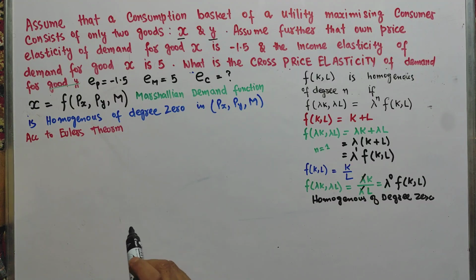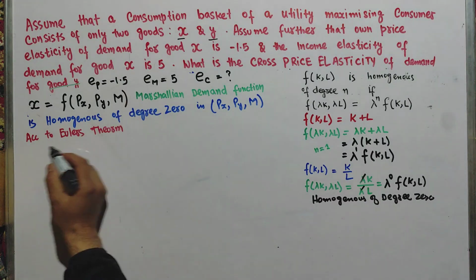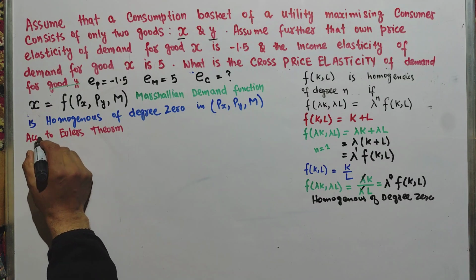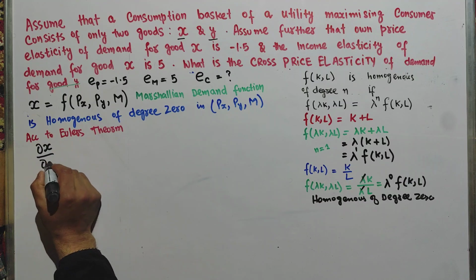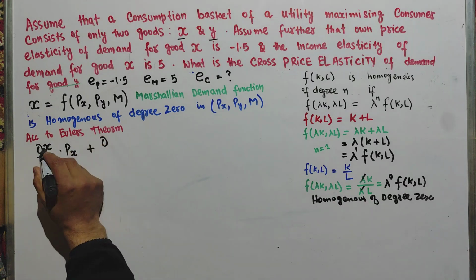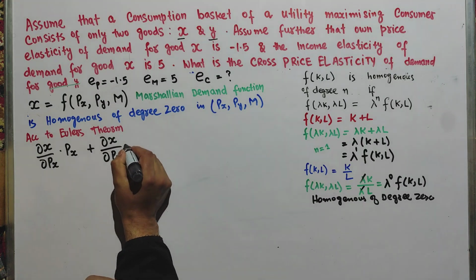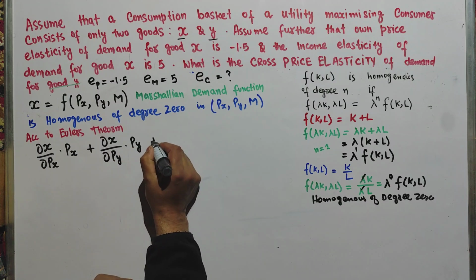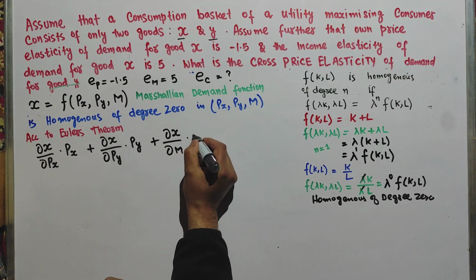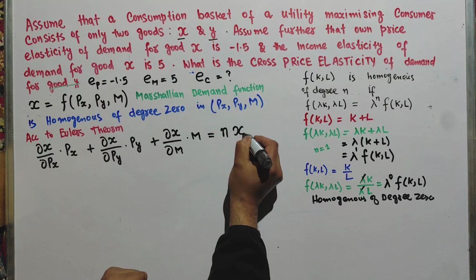Applying Euler's theorem here tells us that the derivative of the demand function with respect to price of good X times price of good X, plus the derivative of this demand function with respect to price of good Y times price of good Y, plus the derivative of the given demand function with respect to income times income, is equal to n times the given demand function.